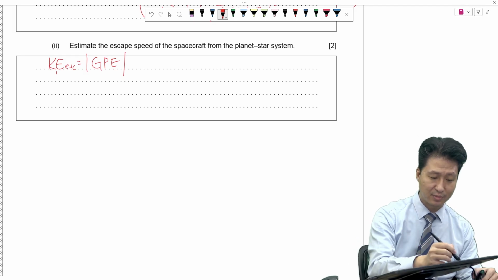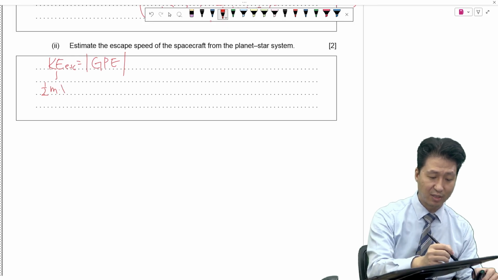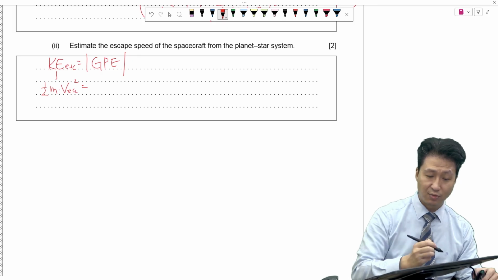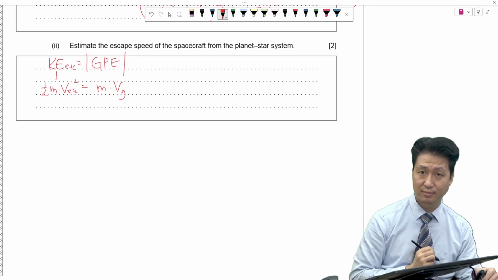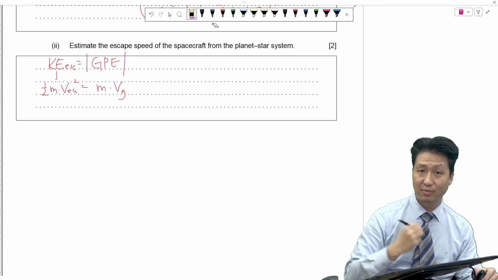Either way, this becomes 1/2 the mass of the spacecraft times the escape velocity squared, and it will equal the mass times the gravitational potential. Gravitational potential being something we have already calculated.